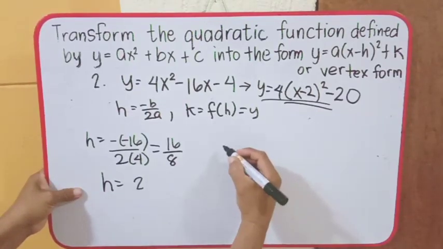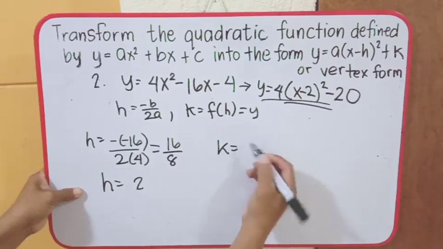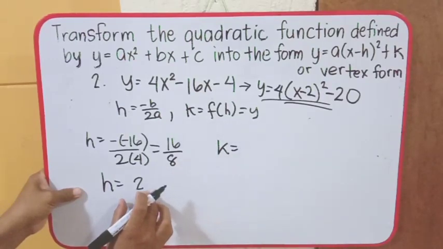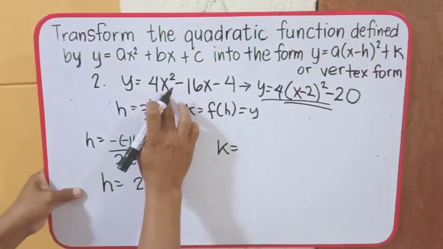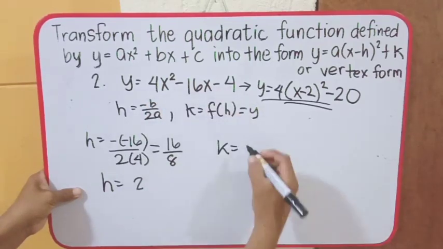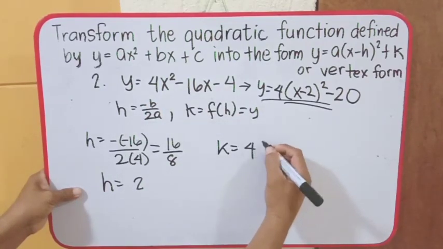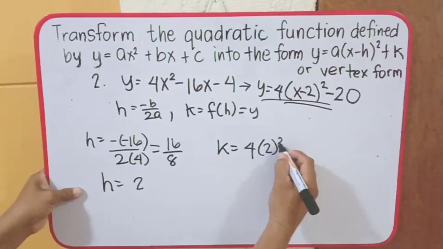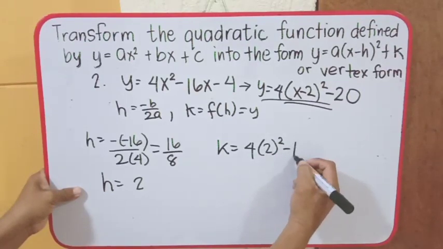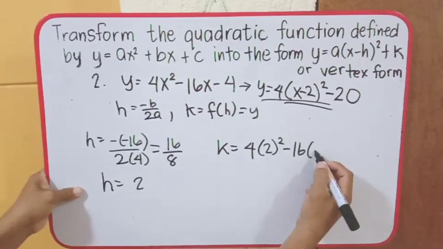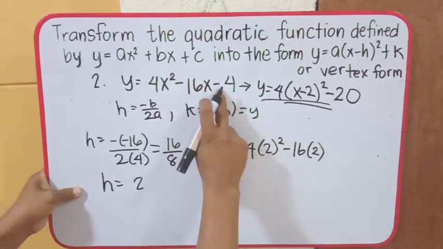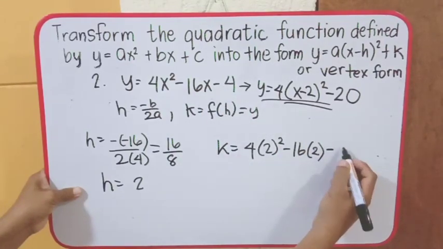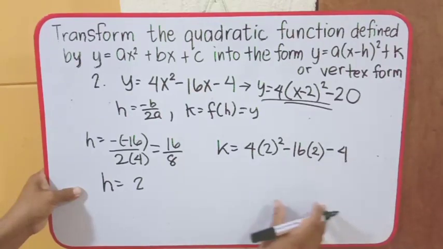Yung k naman natin, nasabi natin na yung value ng h ay isa-substitute natin doon sa may x. So, we have 4 times, yung h natin is 2, that is 2 square minus 16 times 2. Copy lang natin ang ating constant, that is negative 4.